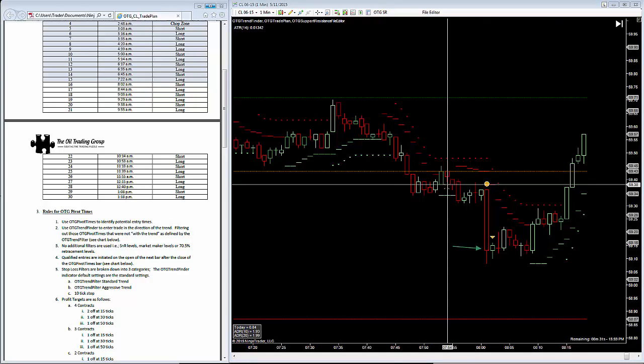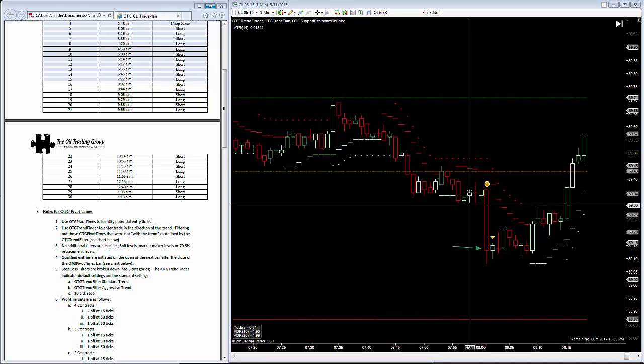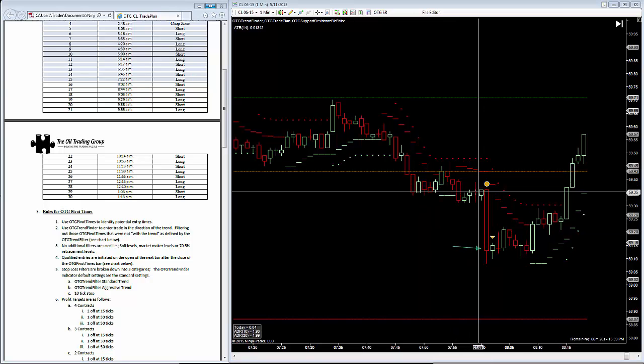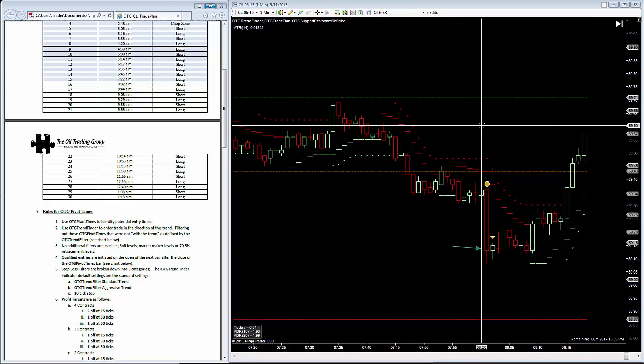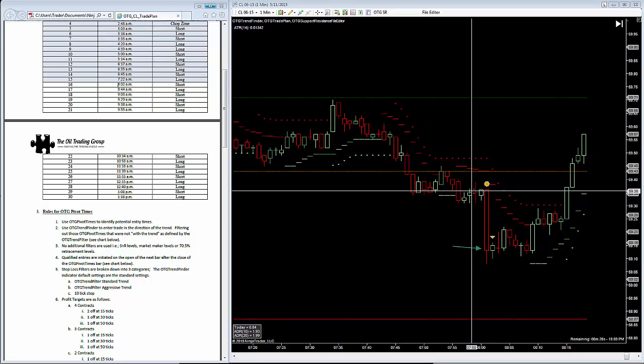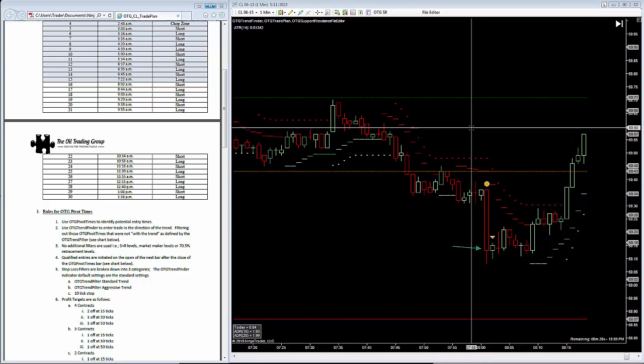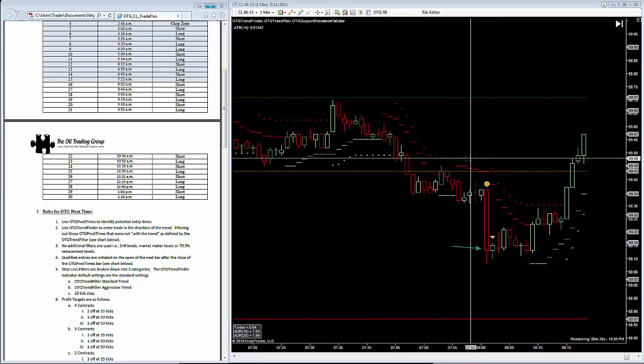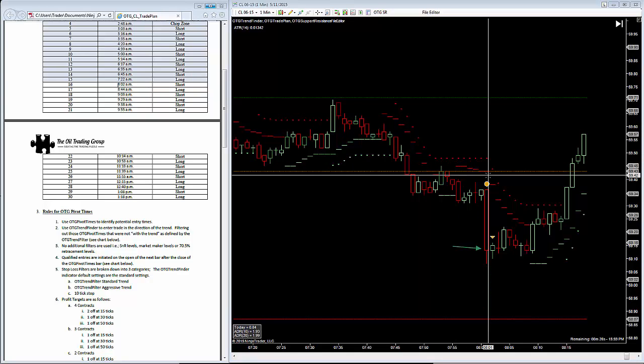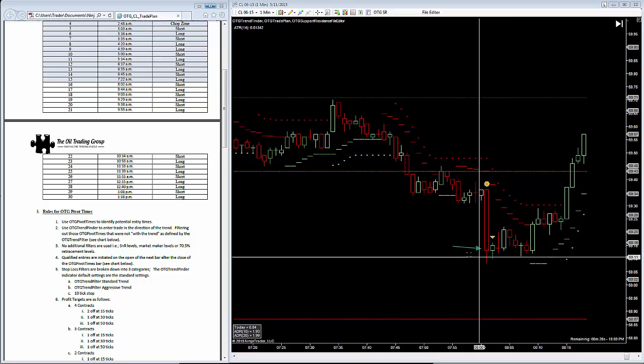That 59.43 could very easily have, since this was a 32 tick bar, gone 32 ticks the other direction, opened here at 36, and 32 ticks later closed up here at 58. That would have been above both trend filters, it would have suddenly made the trend long, and this was a time of day where we were expecting the direction to be short. So that would have gone against us. So we have to wait for the open of the next bar.